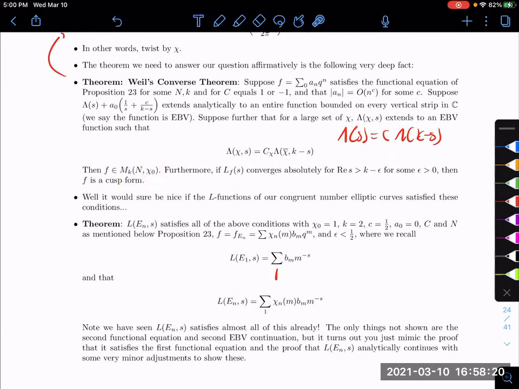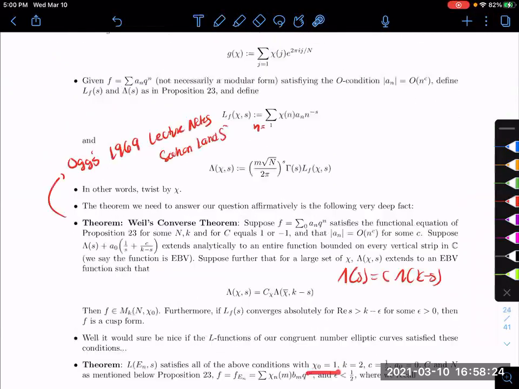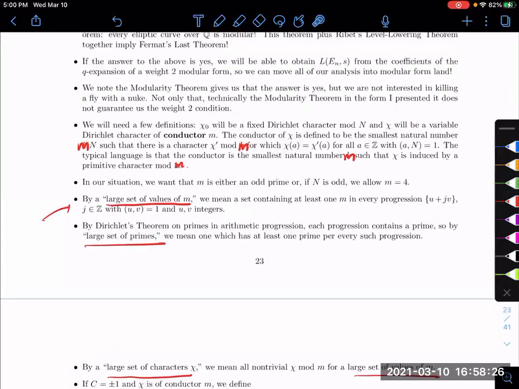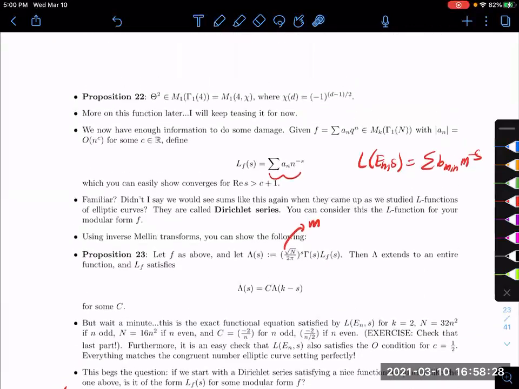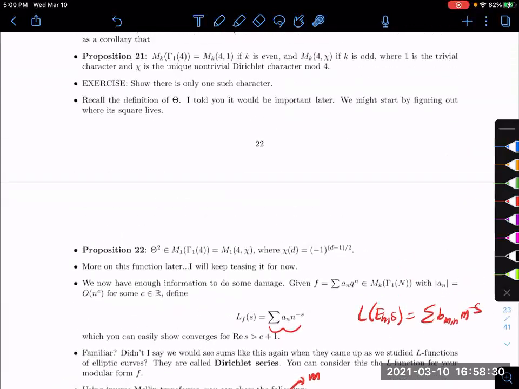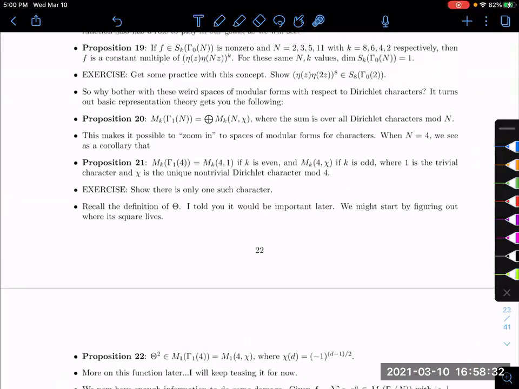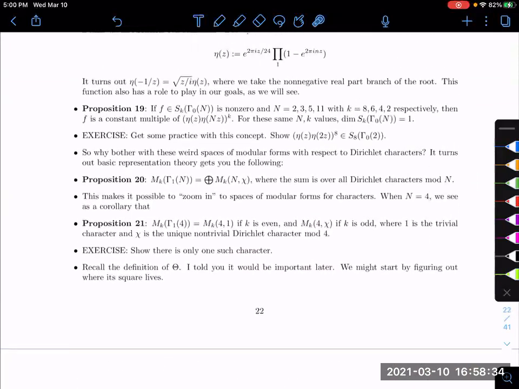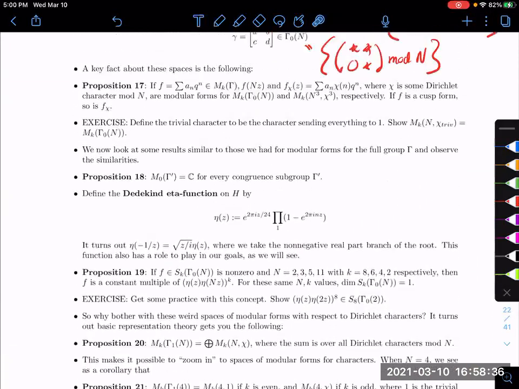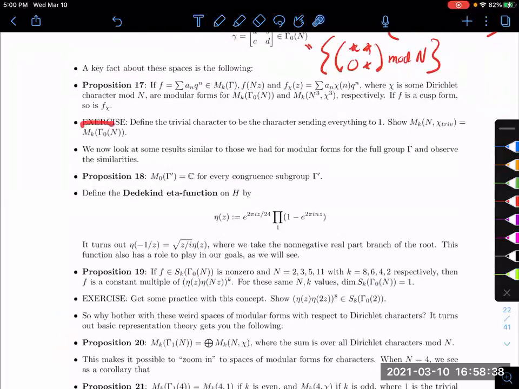But what I'm telling you here is chi naught is the trivial character, right? And by this exercise up here, I wrote it somewhere. Where is it? It's like right around here somewhere. Oh, by this exercise right here, M sub k at level n of the trivial character is just the full set of all modular forms of weight k for gamma naught of n.